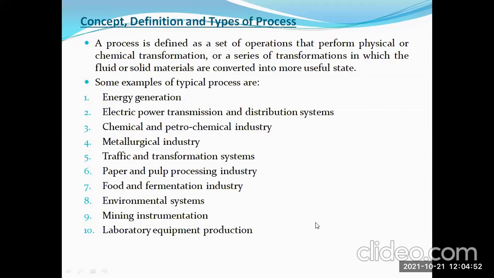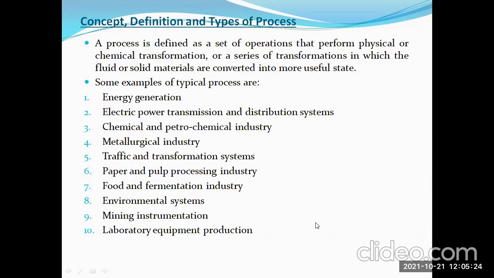So these are basically the physical and chemical transformations, or a series of transformations. Series means one by one. For example, in power generation industries there are lots of parts, one sector connected to another sector. So this is a series of transformation.